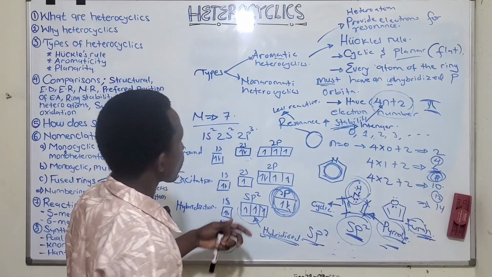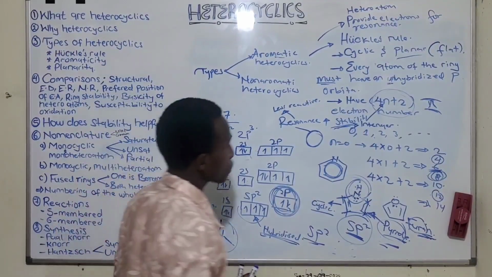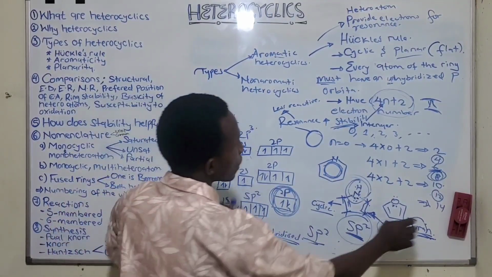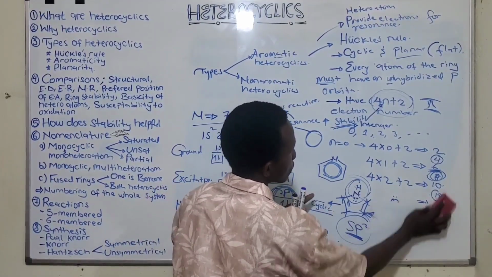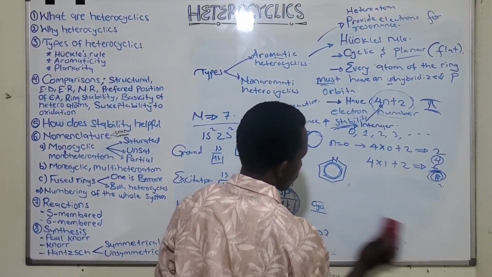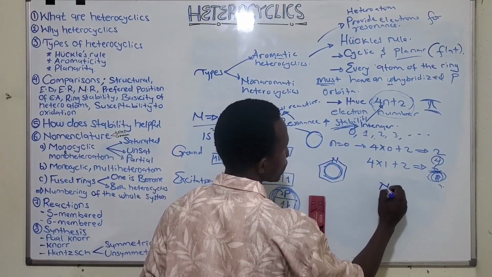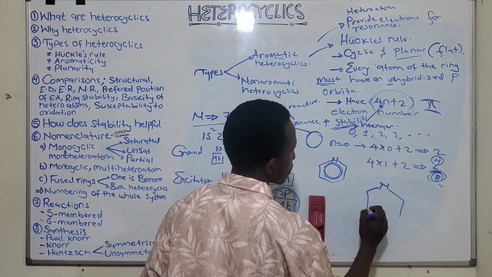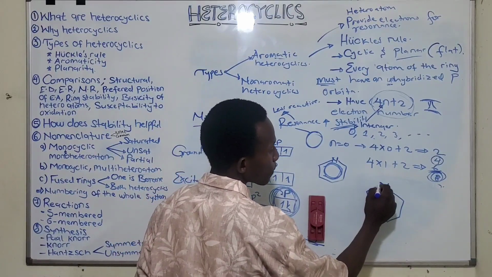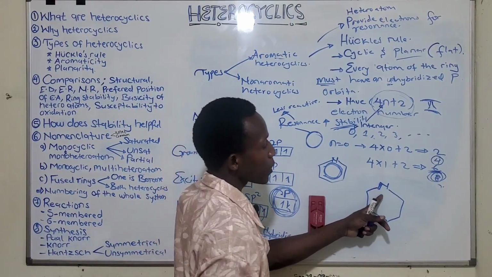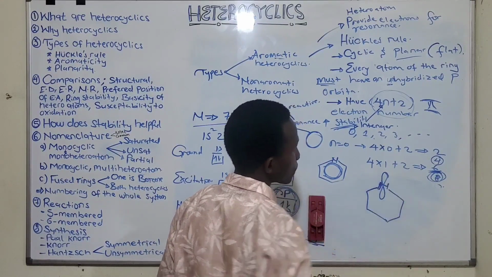So let's talk about the non-aromatic heterocyclics. But before going to non-aromatic, let's talk more about resonance. About resonance, for example, this structure, you have N and these 5 carbon atoms. If this one has an unhybridized p orbital, we shall have an unhybridized electron.